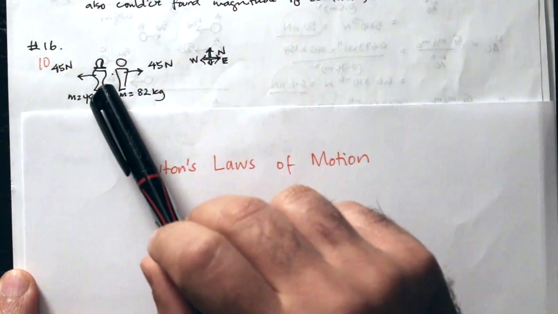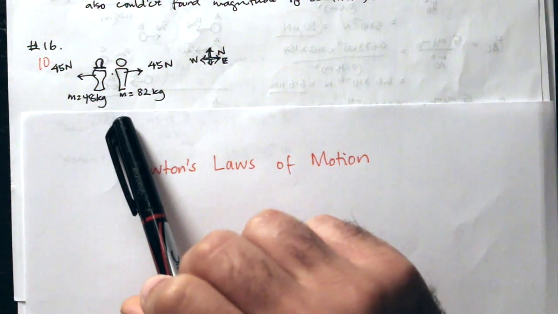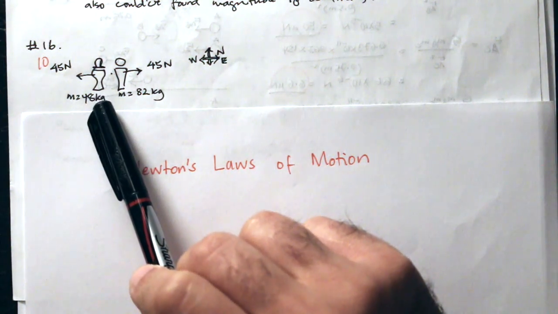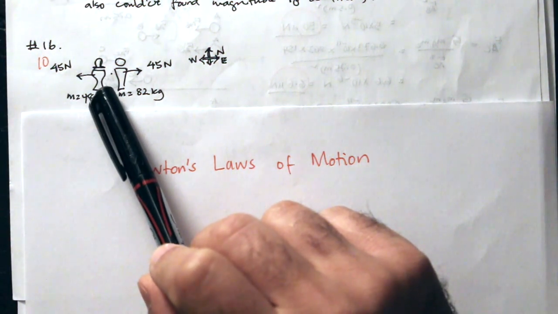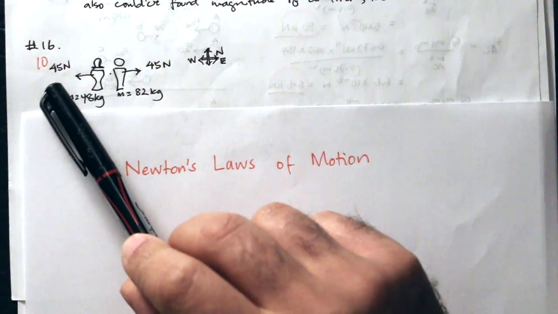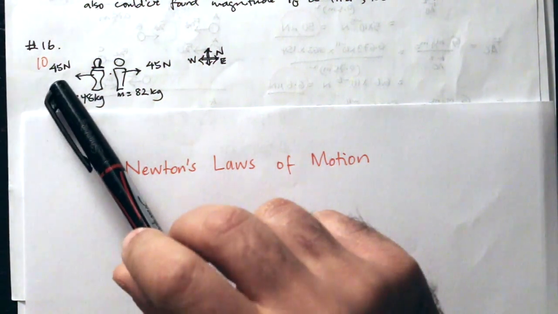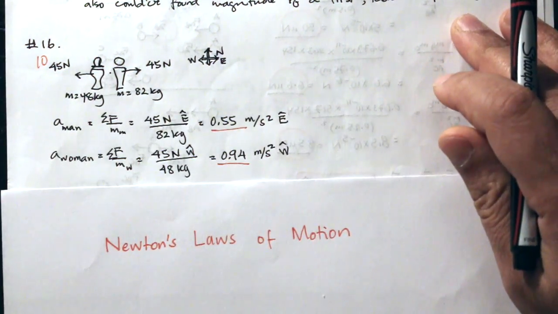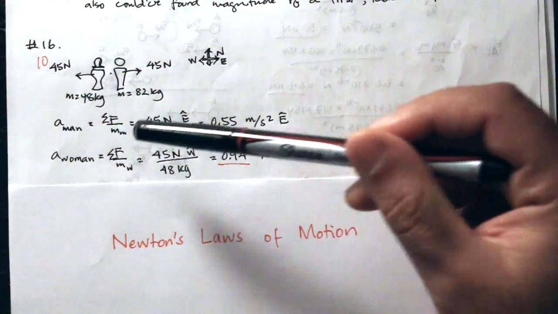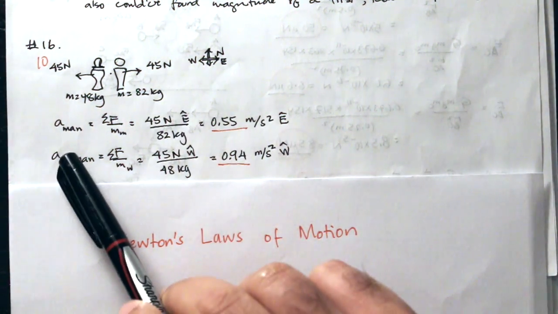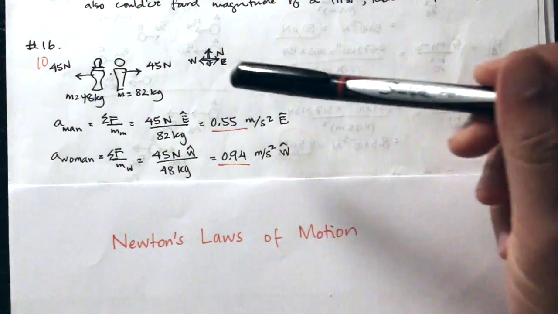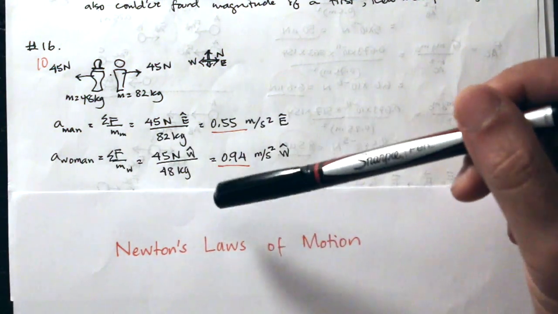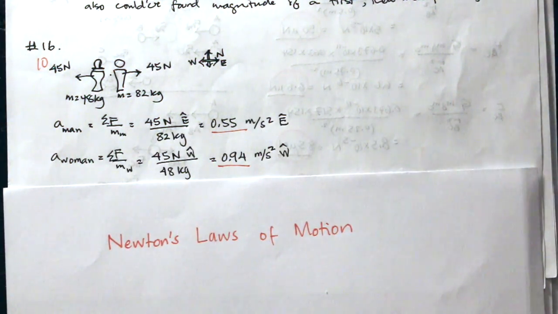Of course, when the woman pushes on the man with 45 newtons to the east, the reaction force from Newton's third law is that the woman will have a force on her that is 45 newtons to the west. Knowing both net forces and both masses, I can get both accelerations, which is proportional to the net force, inversely proportional to the mass. So for the man, it's 45 newtons to the east divided by 82 kilograms, and for the woman it's 45 newtons to the west divided by 48 kilograms.